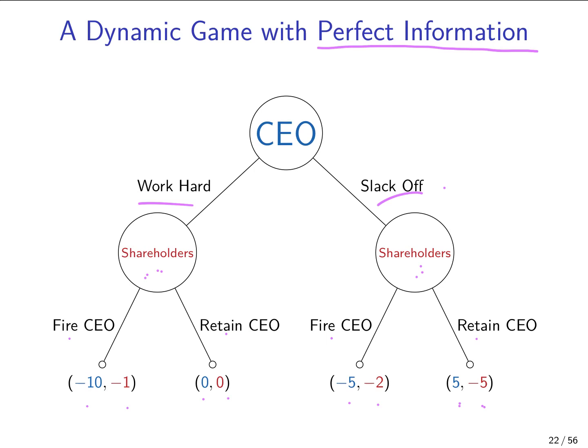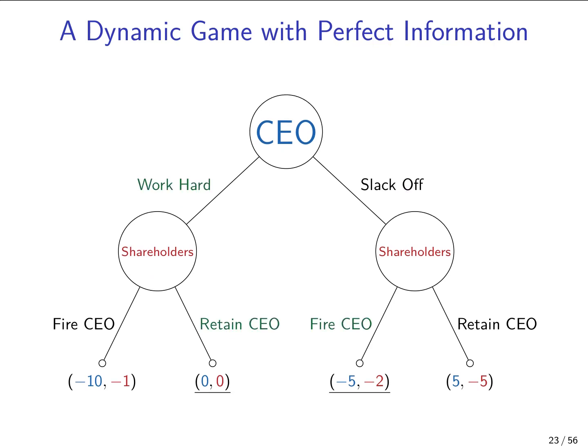And by now you're familiar with this kind of game, but just to exercise, we could solve this game very quickly. We do backward induction, so we look at each subgame. Let's say first, if we look at this subgame, when the shareholder is here, observing that the CEO has been slacking off, then firing the CEO gives a higher payoff, -2 compared to -5.